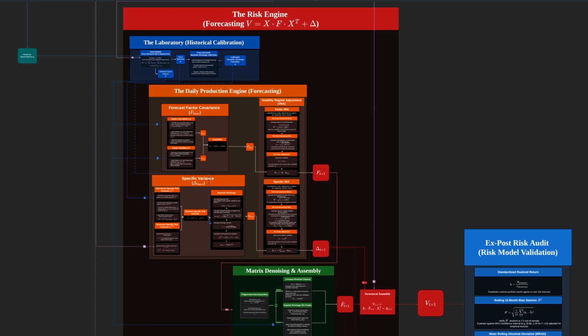So inside the risk engine, first we have the laboratory for historical calibration at the top in blue. Second, in the middle, we have the daily production engine for real-time forecasting, which I have in orange. And finally, we have the denoising and assembly layer at the bottom in green.